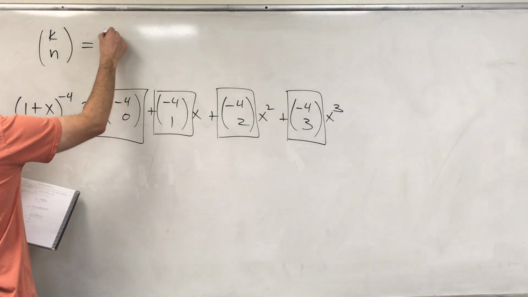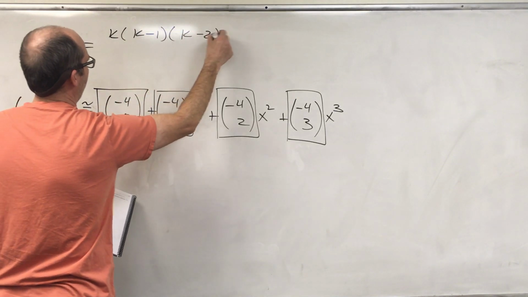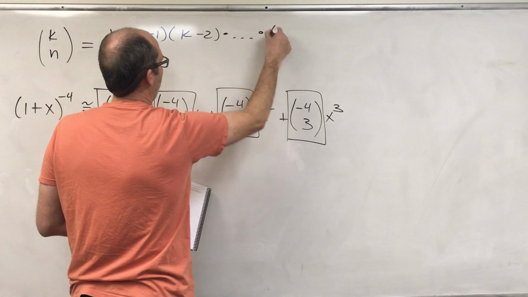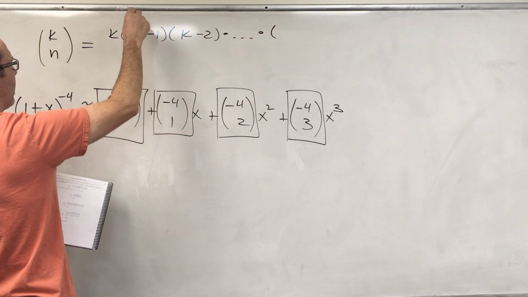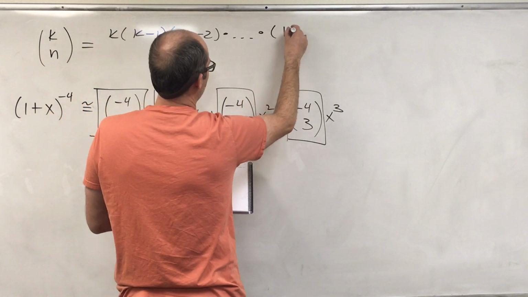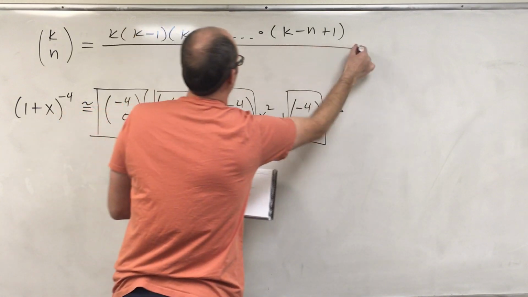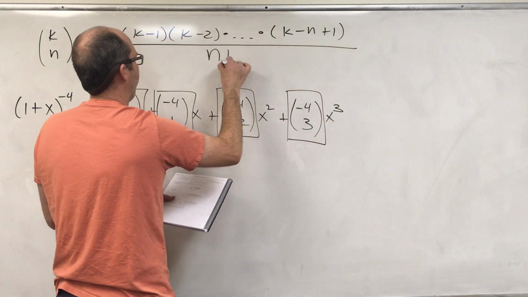Okay, we've got k minus 1, k minus 2. All right, what this basically means is you just keep decrementing by 1 until you get to this number here. What number is that? That number is k minus n plus 1. And all of this over n factorial.